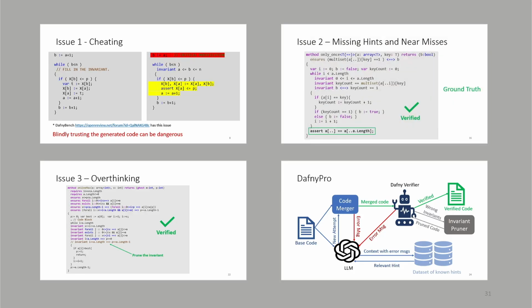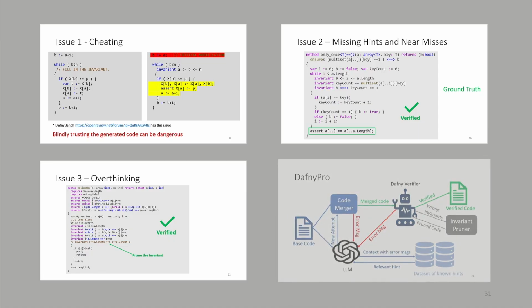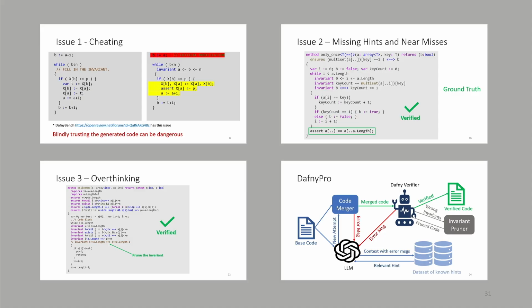Second, we discussed the hint augmentation strategies and showed that it can be a very useful technique to improve the performance of verified program annotation generation. Then we discussed the overthinking problem and the pruning strategy, and then the DafnyPro agentic framework that essentially combines all the components and gets very good results on existing benchmarks like DafnyBench.